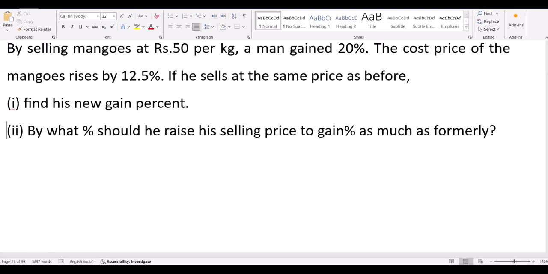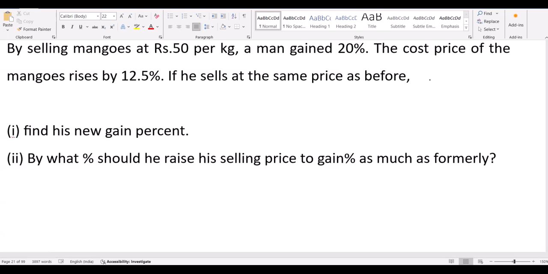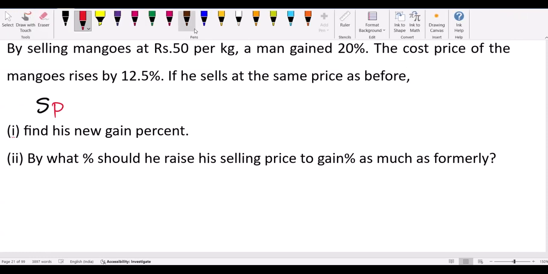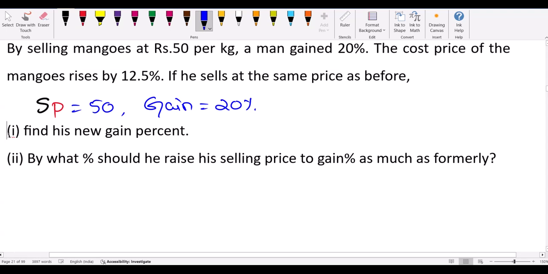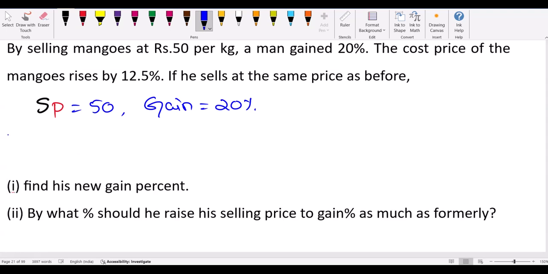So first, as per the given question, we have to find what the cost price will be. How to calculate the cost price here? In the question they have given the selling price equal to 50 rupees, and the gain is 20%. When selling price and gain are given, we can use the relation between SP and CP. Selling price equals 120% of cost price.